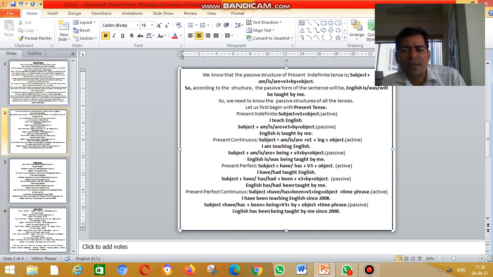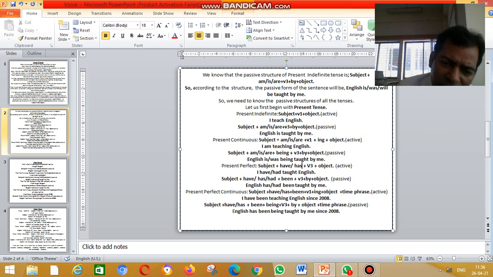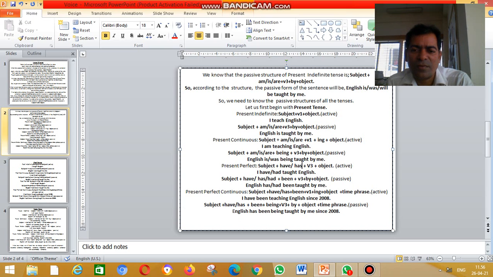And at the same time, you have got here four passive structures of the four tenses. So including all, there are 8 structures, 4 active and 4 passive. So if you learn these structures, and if you practice them, if you understand them, if you make sentences with them, you will be able to have good command over this.